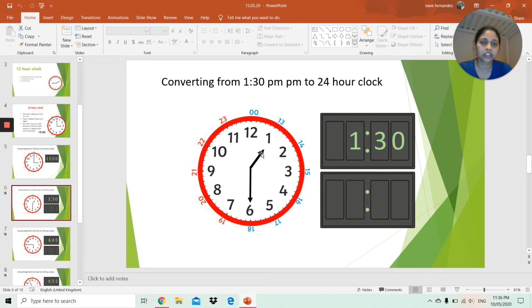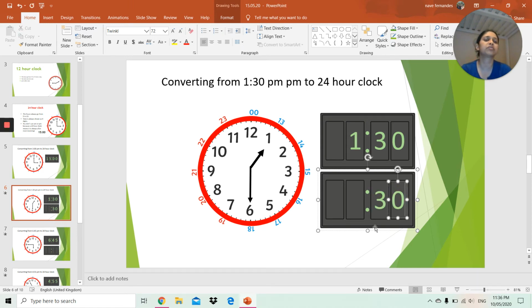We know that in hours over here, which is your 12-hour clock, it is 1:30. Like I said, our minutes are always the same. Our minutes don't change for our 12-hour and 24-hour clock. They remain the same.